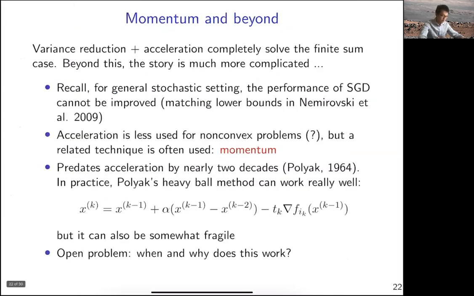Okay, so we've already talked about momentum. Nesterov acceleration can be thought of as a momentum algorithm with a carefully chosen momentum factor. Momentum is just another way of saying that you are making use of more information from the past, and the previous iteration gives you some additional push towards where you are going to move in the future.